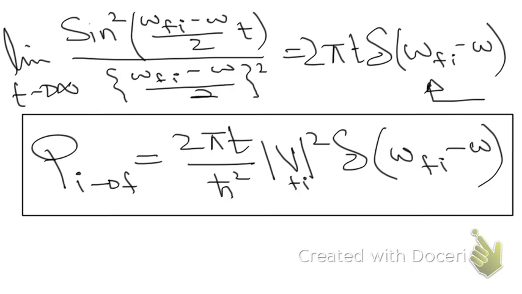Right, so this expression over here tells us that the probability is going to increase linearly with time. You can look at this expression and directly see that, it's obvious. We have been focusing on this behavior as it is extremely common compared to the oscillating probability.